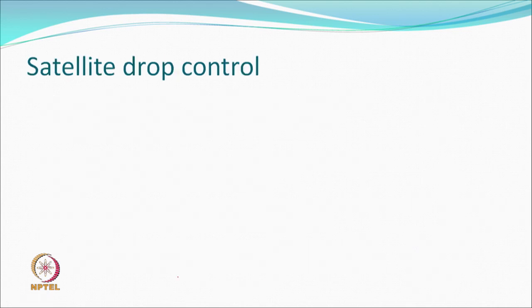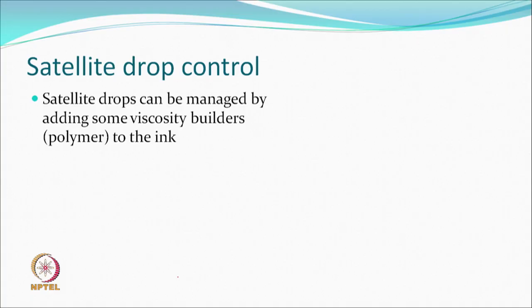So, how do we control the satellite drop formation? We want to control this. One of the ways is that you can add some viscosity builders. And what is a viscosity builder? It may be some kind of a polymer which obviously increases the viscosity of the ink.